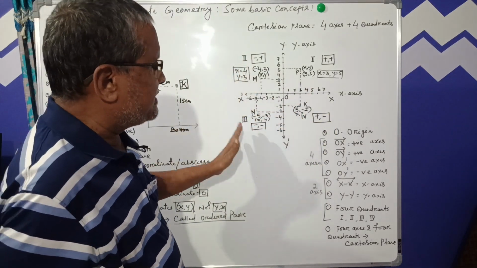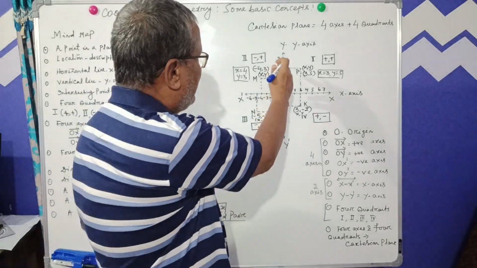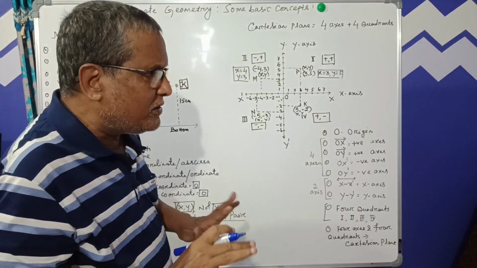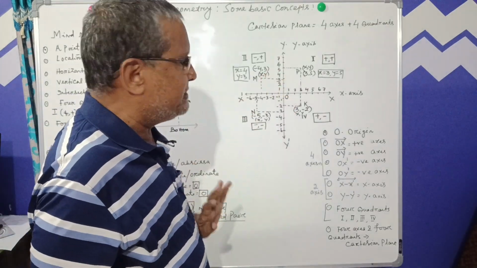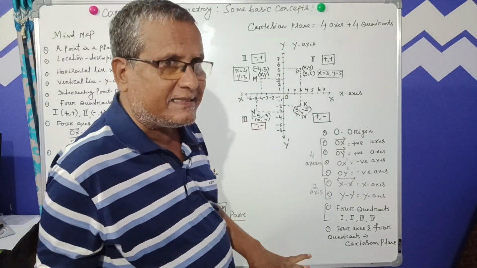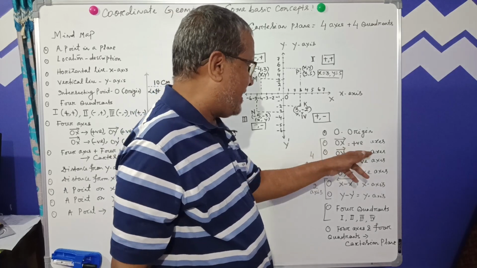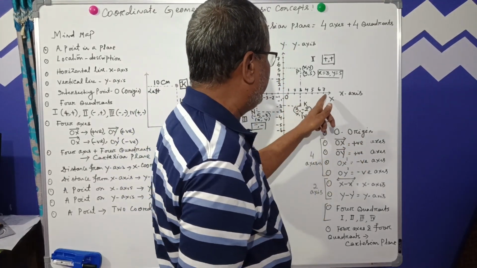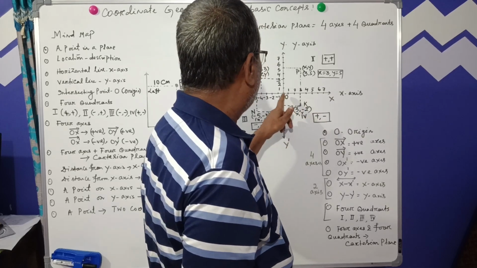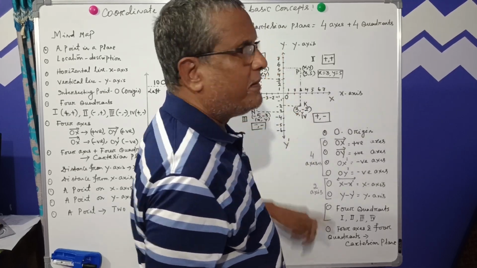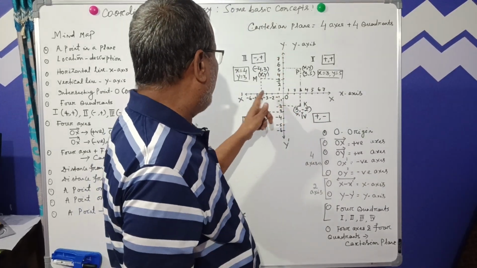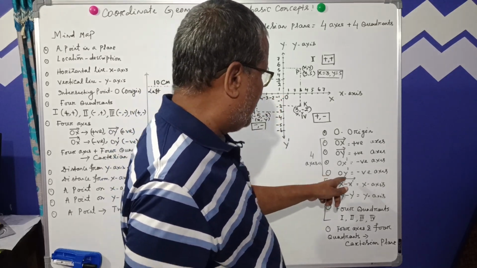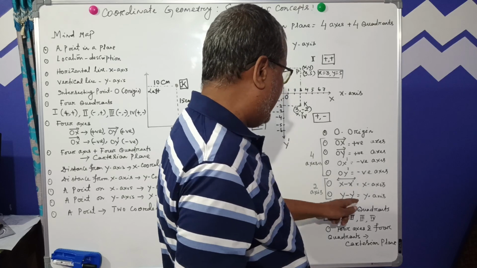So 4 quadrants. Now see, the x axis and y axis are also divided into 4 parts. These are called axes, plural of axis. OX is the positive axis, similarly OY is the positive axis, OX dash is the negative axis, OY dash is called the negative axis.